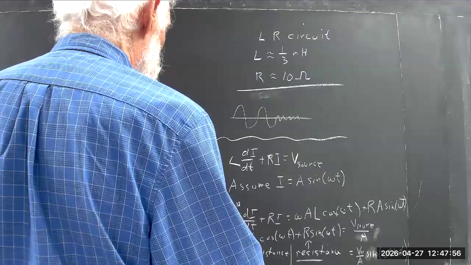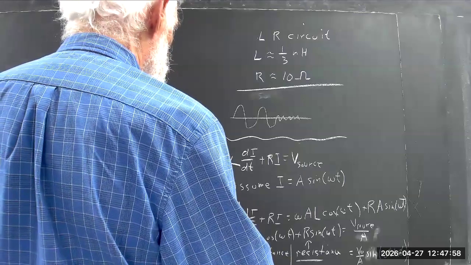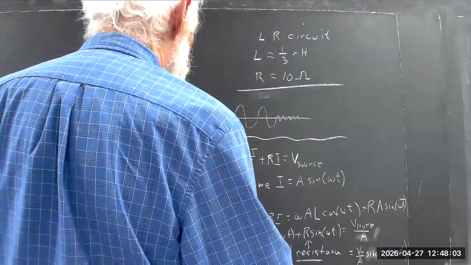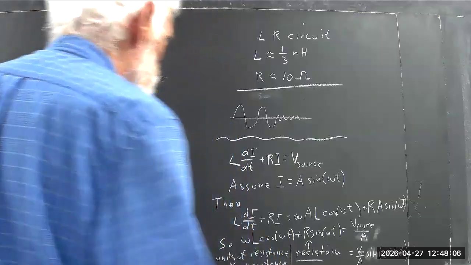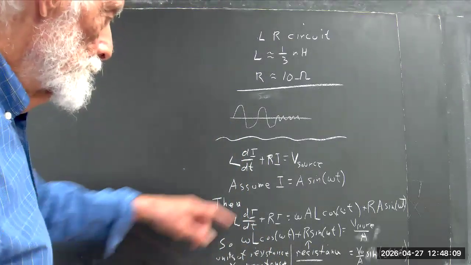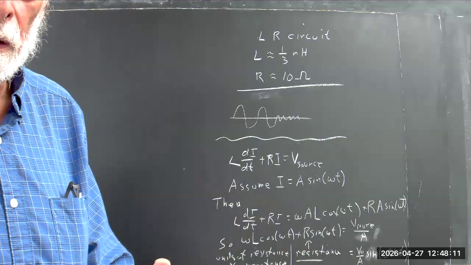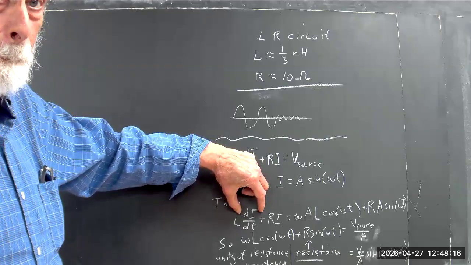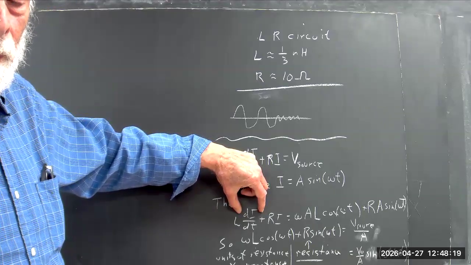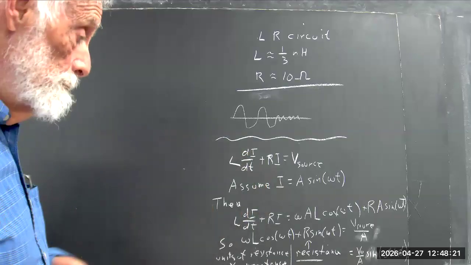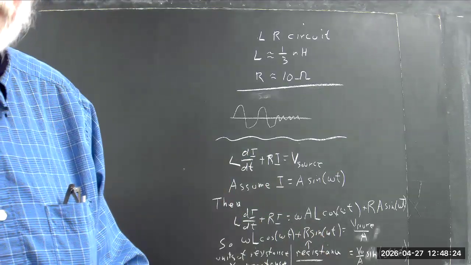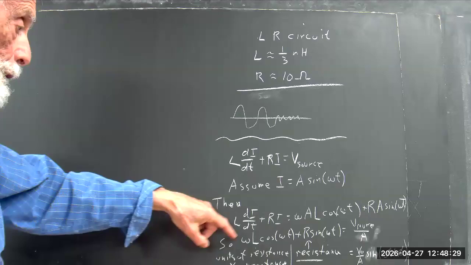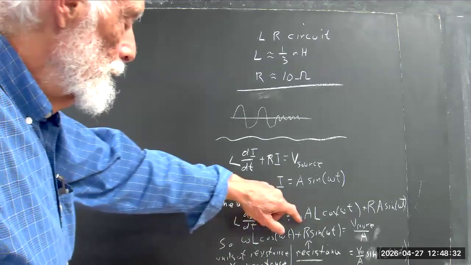We call it X sub L. It's a reactance. It acts like a resistance, and it results again from the back EMF you get from the changing magnetic field when you change I. And that opposes a change in current.